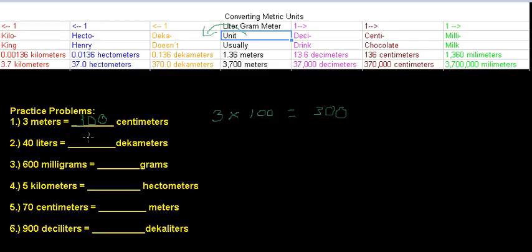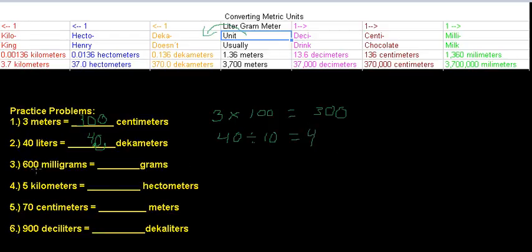If we have 40, and my decimal is here, going 1 to the left gives me 4 decaliters. If I want to think about that as division, I have 40, I'm going 1 to the left, so that would be like dividing it by 10. 40 divided by 10 would equal 4.